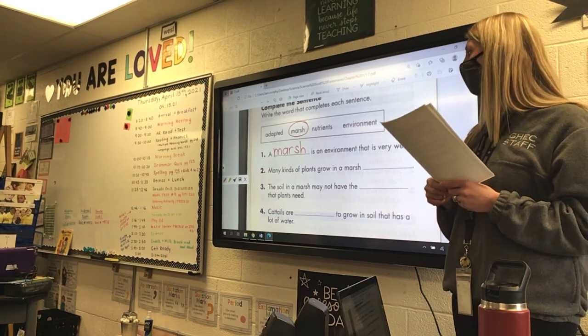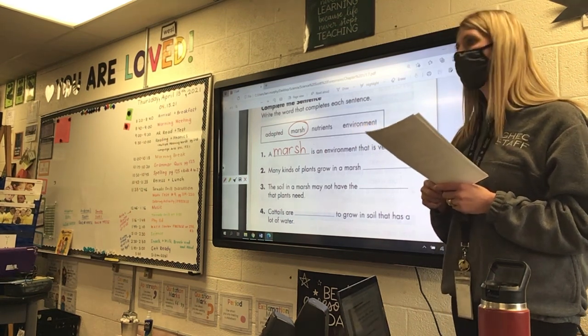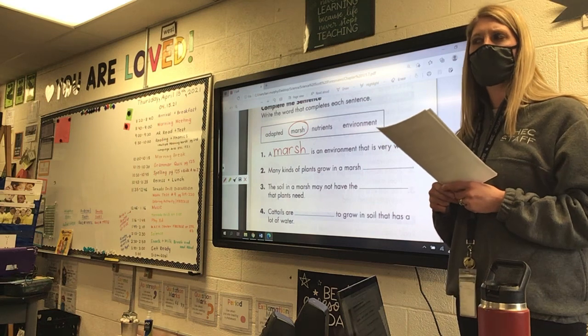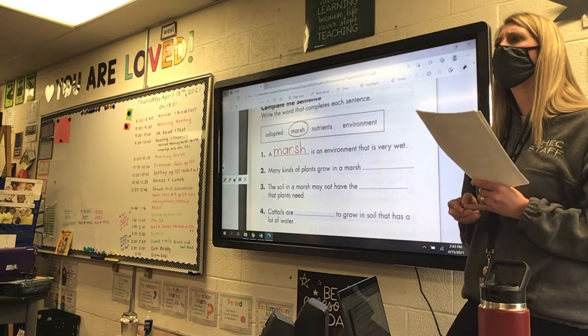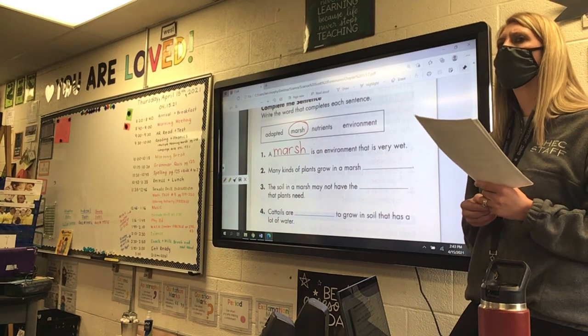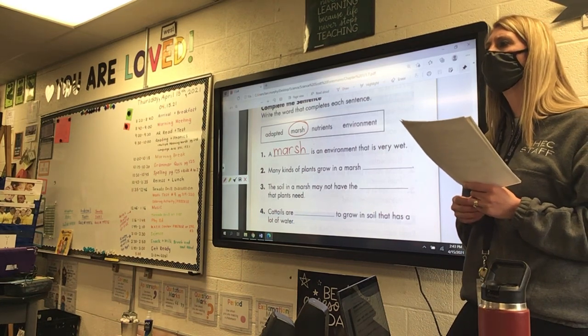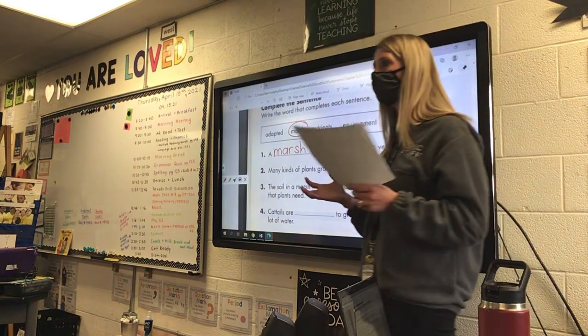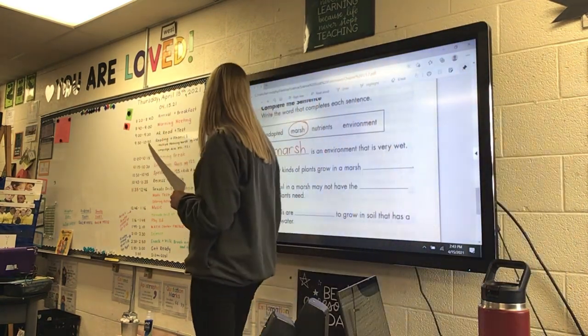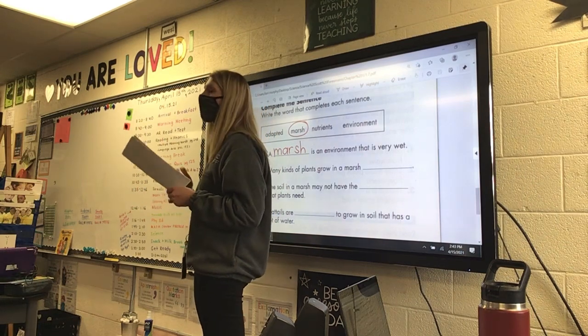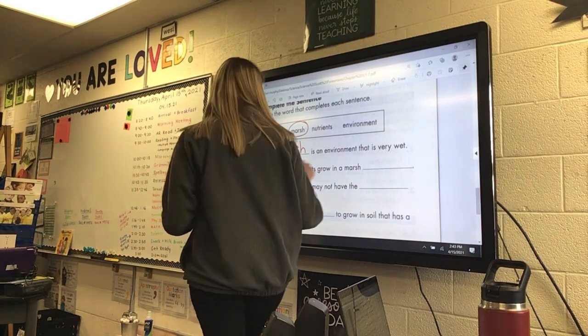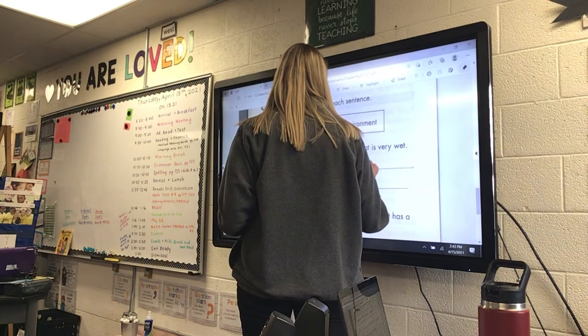Adapted. Many kinds of plants grow in a marsh. Adapted? I don't think that makes the most sense. Ingrid? Environment. So the marsh is an environment where they grow. So we have different environments. We've learned about like the desert, the marsh. We've learned about lots of environments.